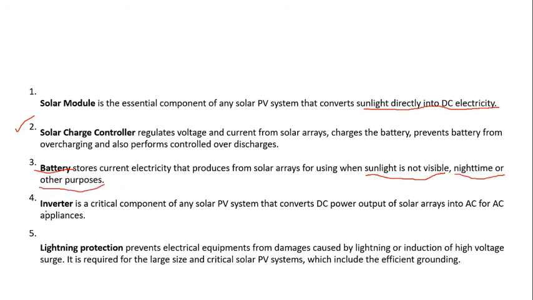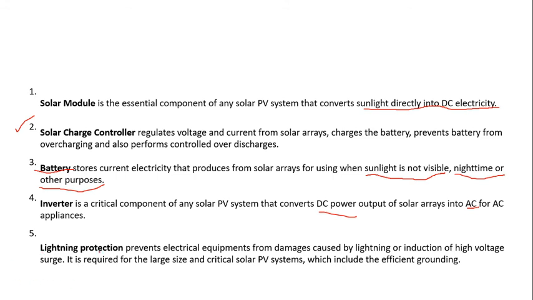And the next one is the inverter. The inverter is a critical component of any PV system that converts the DC power output of the solar array into AC for AC appliances, because most of the appliances available at our homes or domestic applications work on AC.